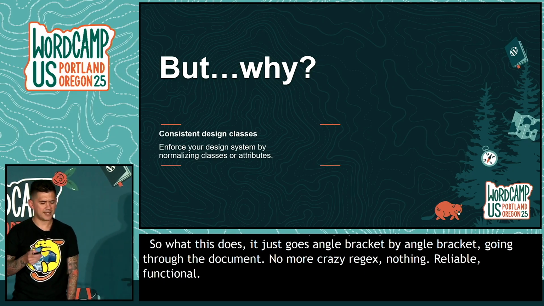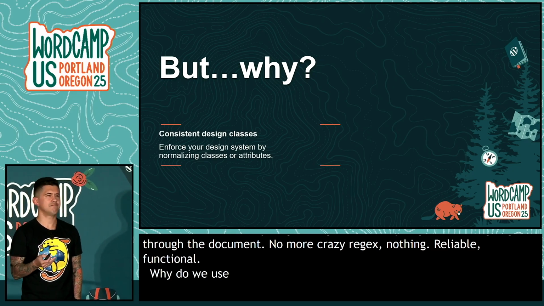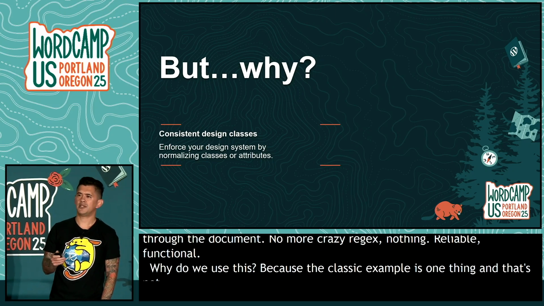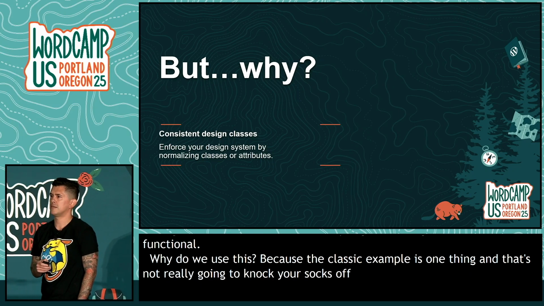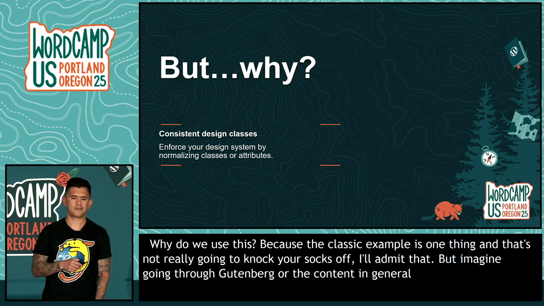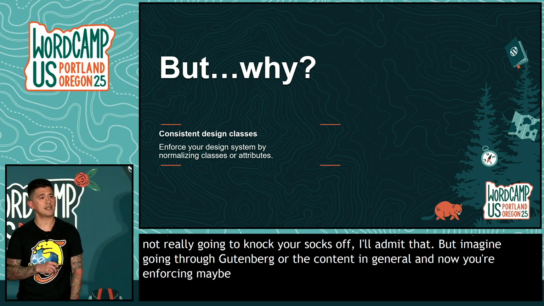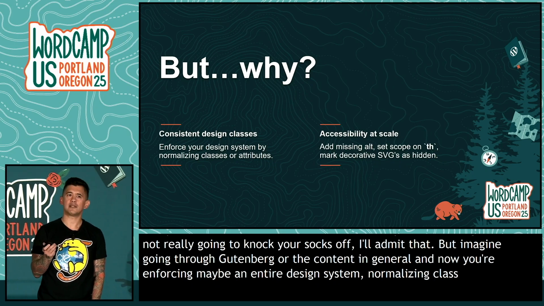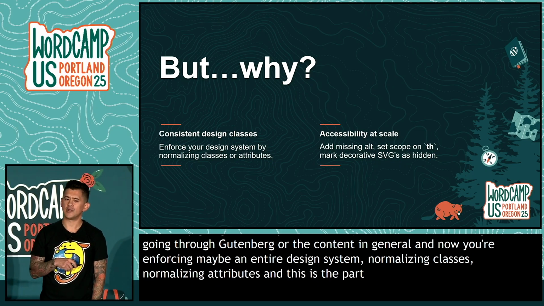Why would we use this? Because a classic example is one thing, and that's not really going to knock your socks off, I'll admit that. But imagine going through Gutenberg, or the content in general, and now you're enforcing maybe a tighter design system, right? Normalizing classes, normalizing attributes. And this is the part where we're really going to start to have some fun. We'll see the real power, right?